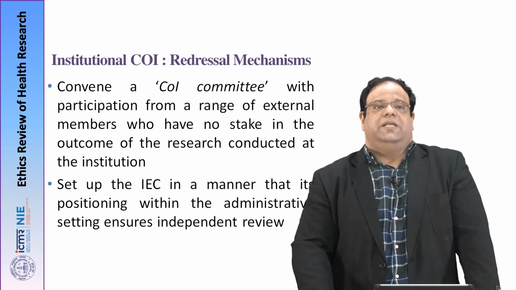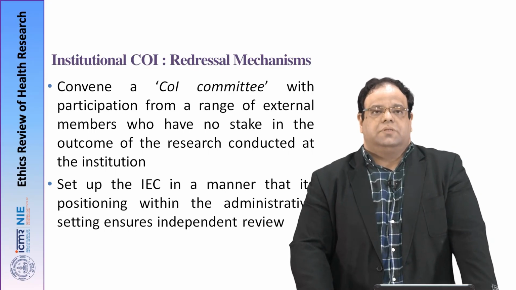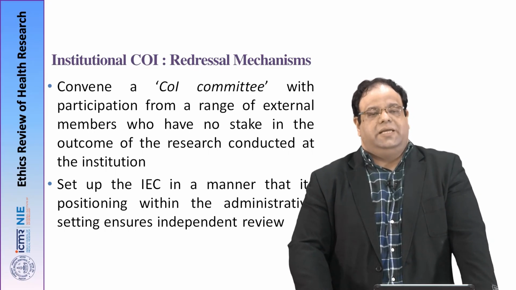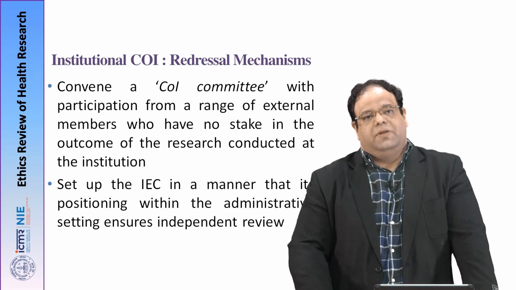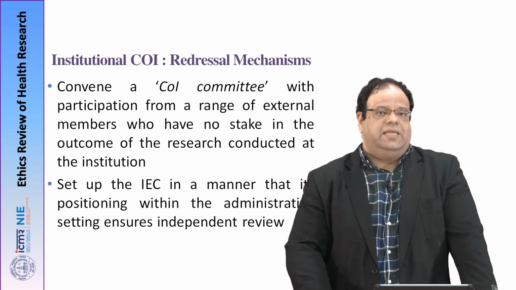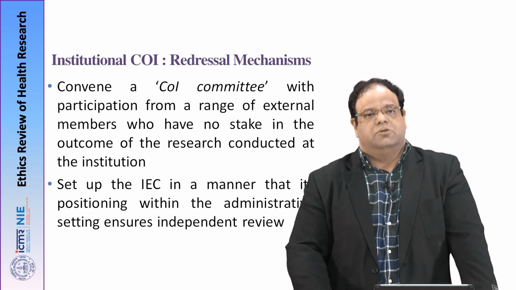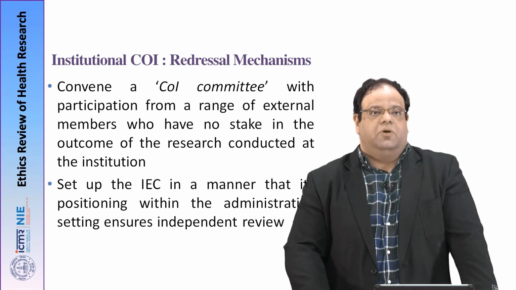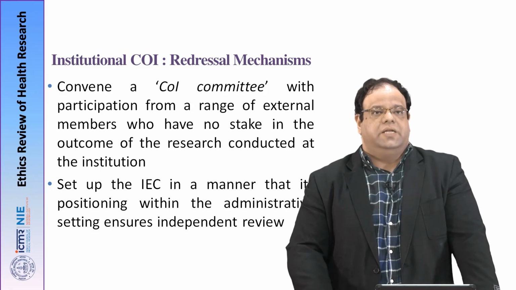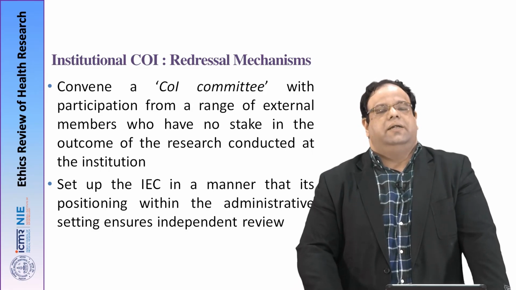Now, at the level of the institution, sometimes what helps is actually convening a conflict of interest committee, which is an independent body with participation from a range of external members who have no direct stake in the outcome of the research being conducted at the institution, and that is the decision making body when there is any concern about a potential major conflict of interest which needs to be deliberated and a decision be taken.